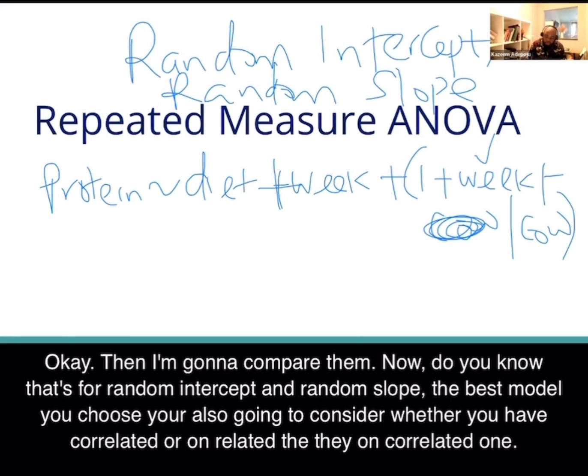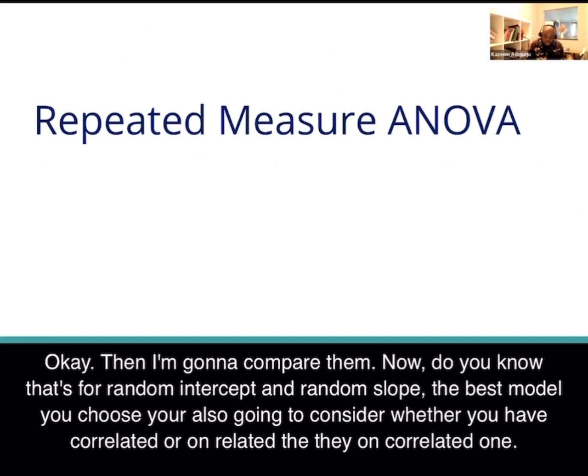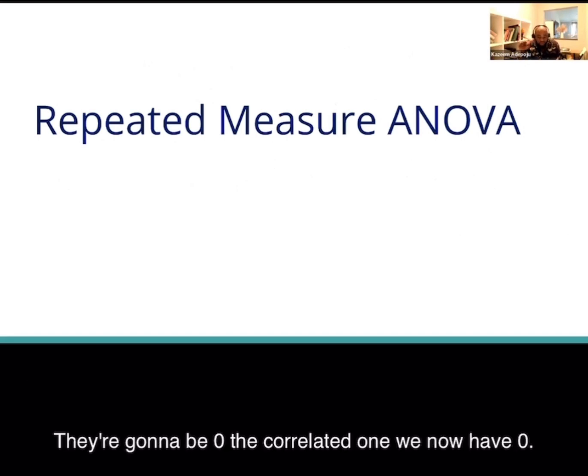Now, do you know that for random intercept and random slope, when choosing the best model you're also going to consider whether you have correlated or uncorrelated? The uncorrelated one is going to have 0 plus. The correlated one will not have 0.